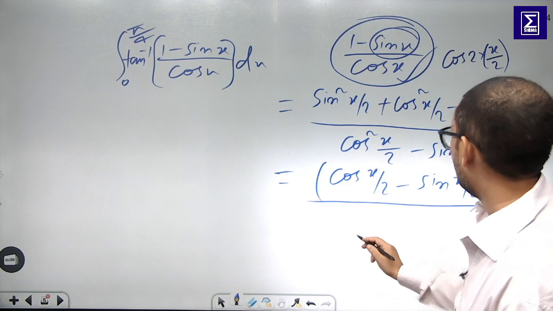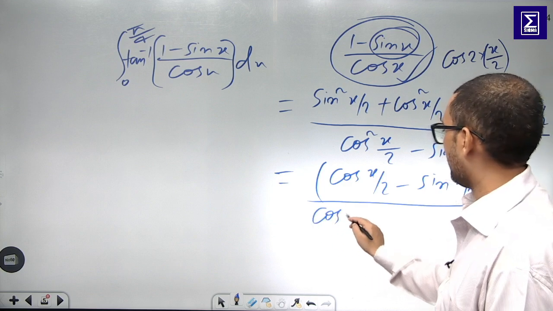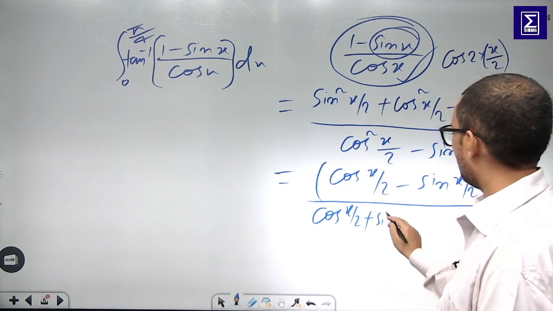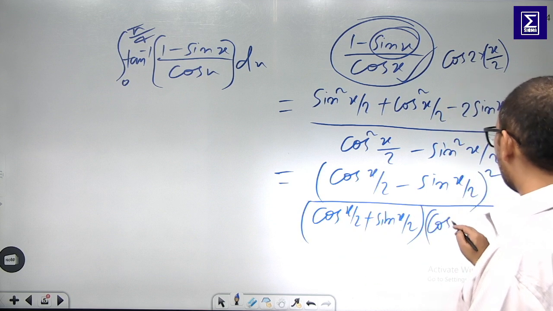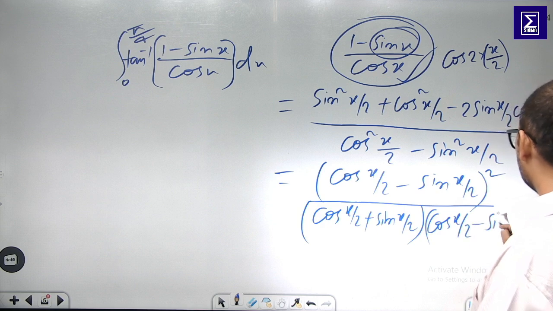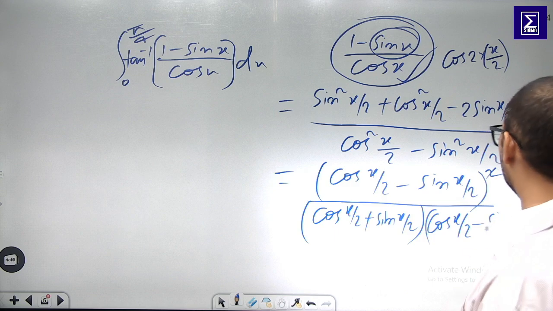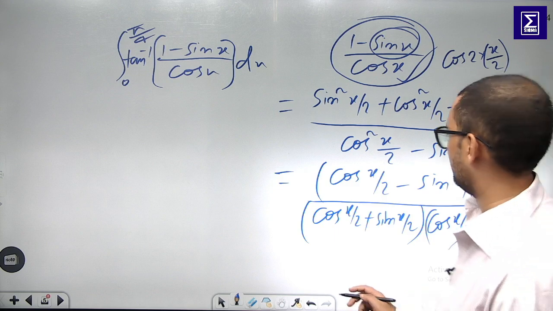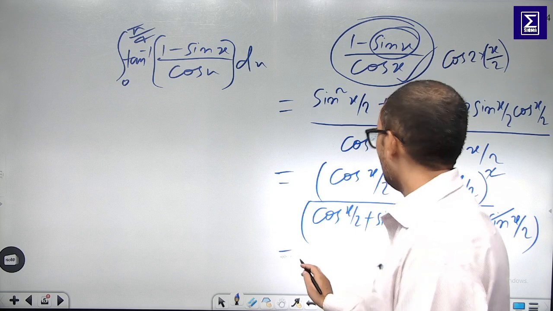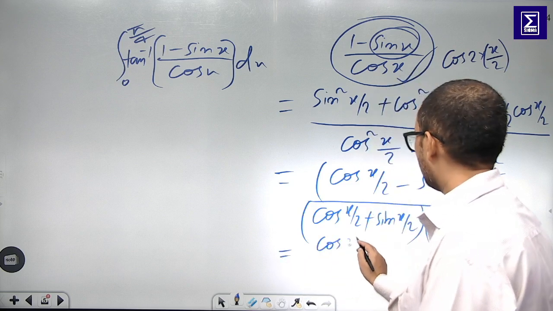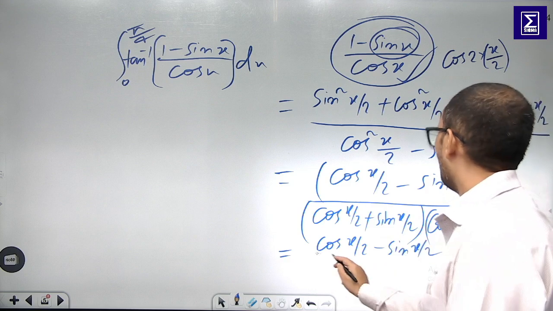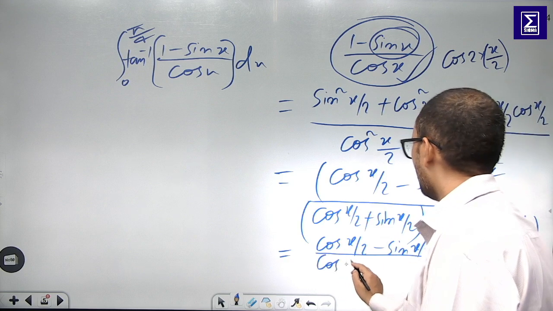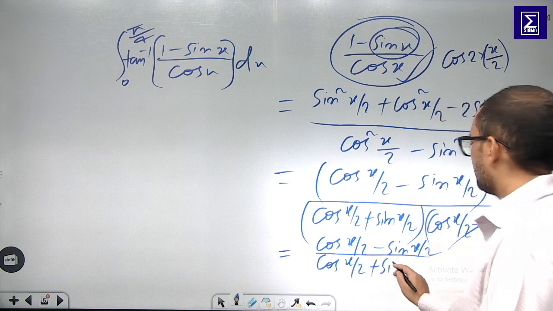So it would be cos x over 2 plus sine x over 2 times cos x over 2 minus sine x over 2. And here this square and this can get cancelled. So you are left with cos x over 2 minus sine x over 2 over cos x over 2 plus sine x over 2.